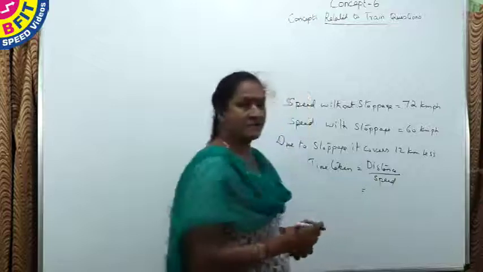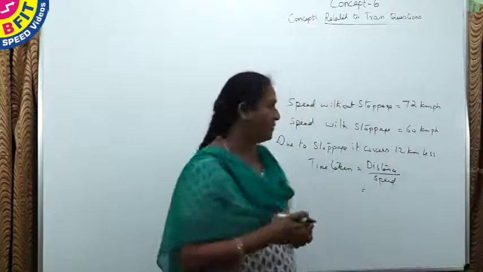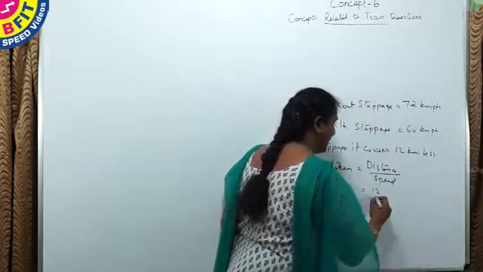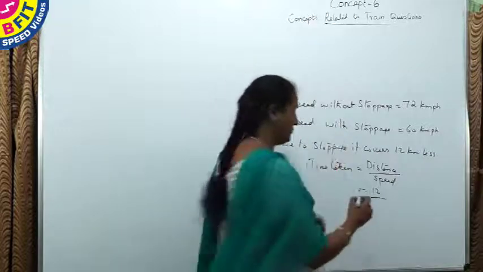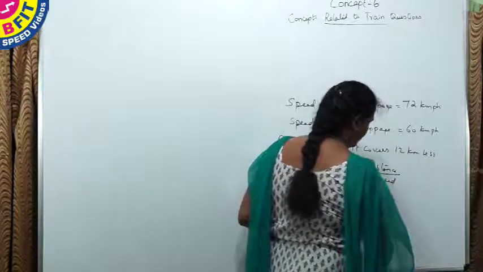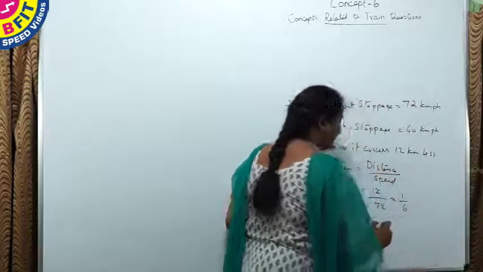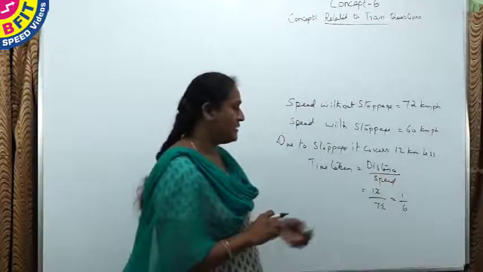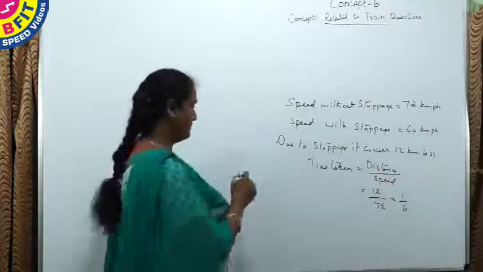Here the distance is 12, since it is running short of 12 kilometers, and the speed is 72. So the stoppage time per hour is 1/6 of an hour.